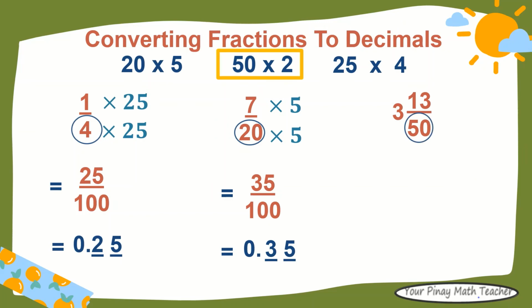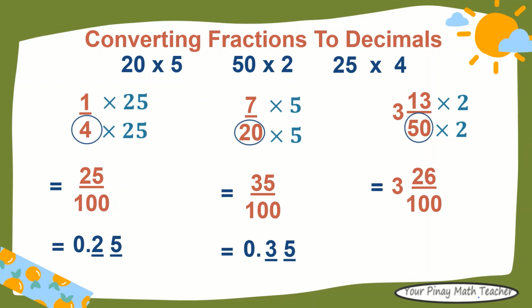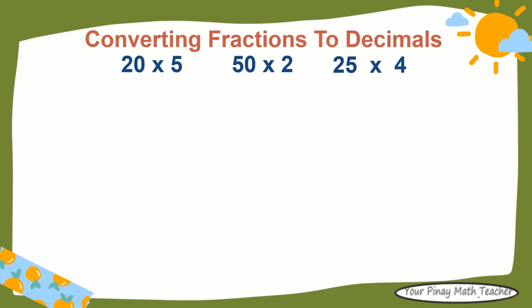Simply multiply it by 2. Do the same with 13, so we get an equivalent mixed number of 3 and 26 over 100, which is equal to 3.26.